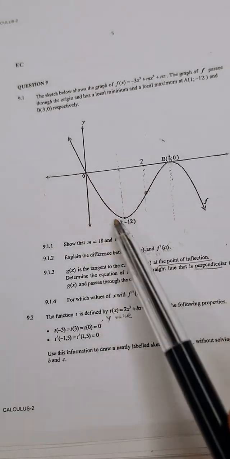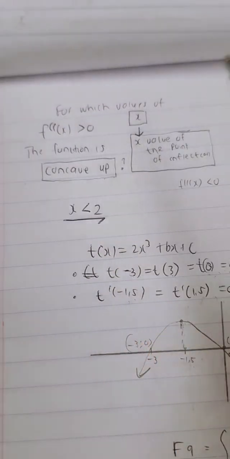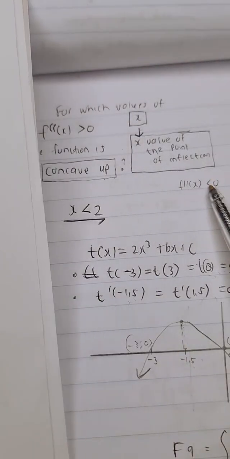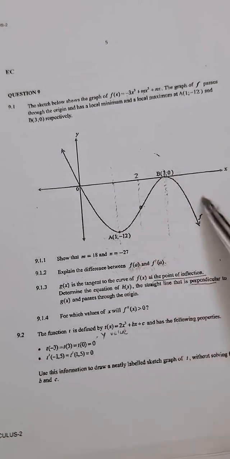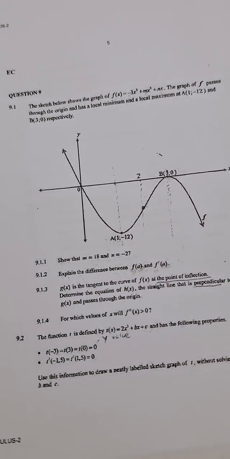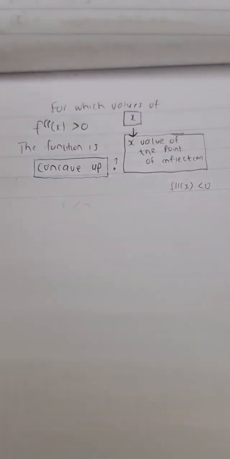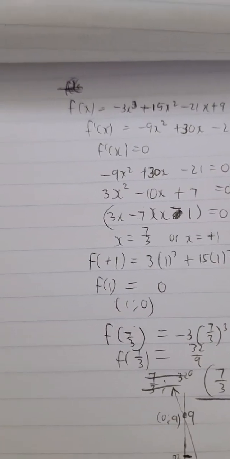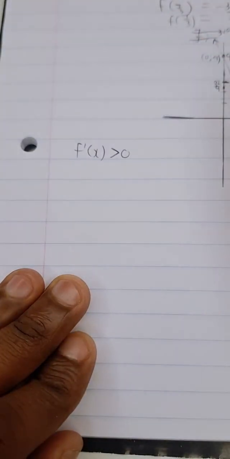When x is less than 2, the function is concave up, in other words f double prime is greater than 0. Had they asked f double prime less than 0, we would have said x is greater than 2, that's concave down. So please, guys, do not mix the double prime with f prime.